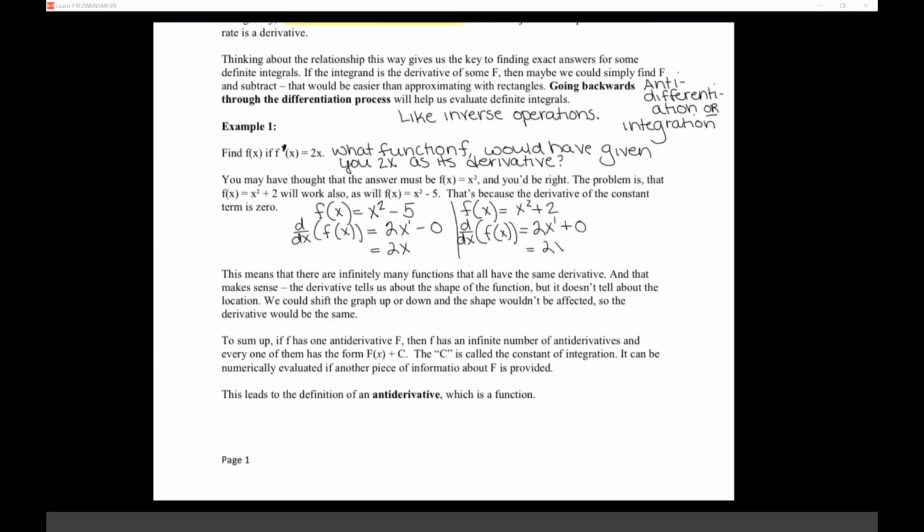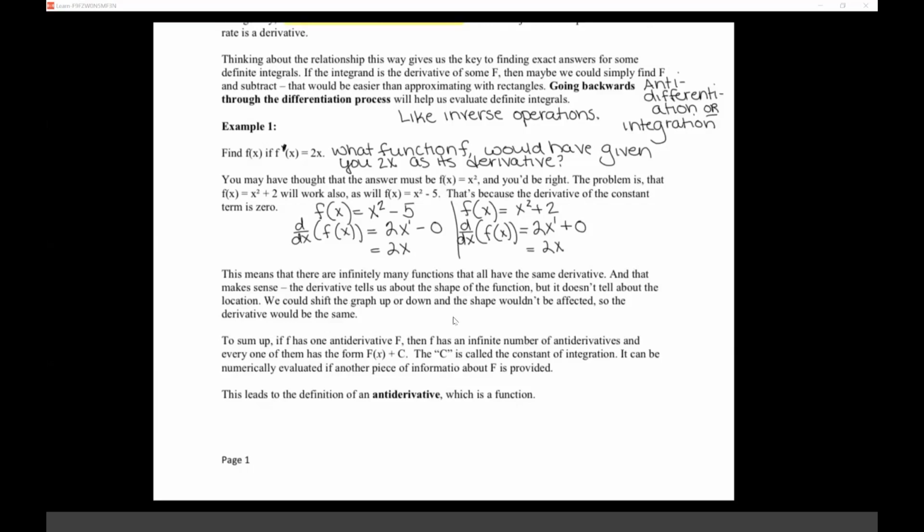So that's also 2x. What happens is we have a whole family of functions, namely x squared plus or minus a constant, that give us the derivative 2x. So if we're antidifferentiating or integrating 2x, we get a whole infinite family of possible answers, because all of those functions would have given us the same derivative.